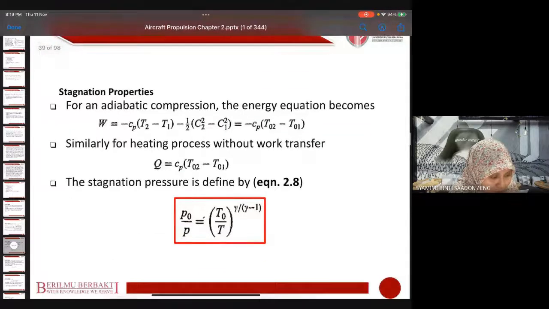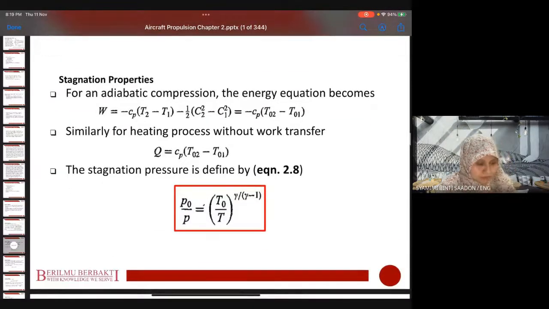The same thing applies in the compressor, turbine, etc. The expression that we had earlier, we can change into stagnation form: T total, T02 minus T01, that notation, T02, T01. Later in the next few chapters, Dr. Izani will introduce the turbofan cycle and turbojet cycle.